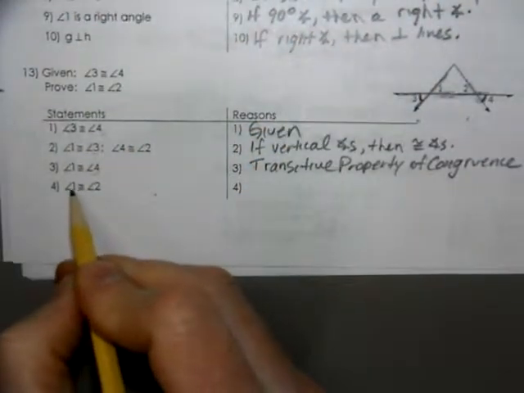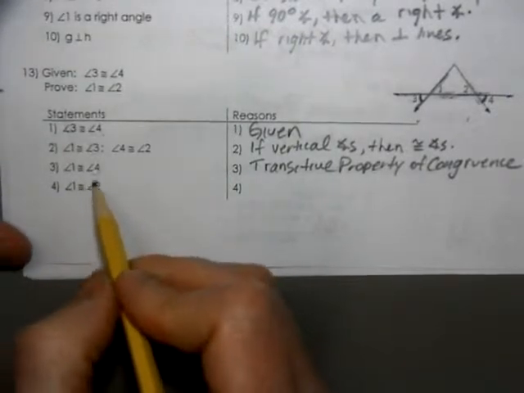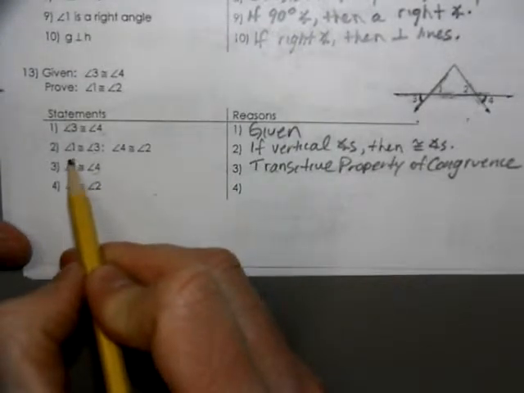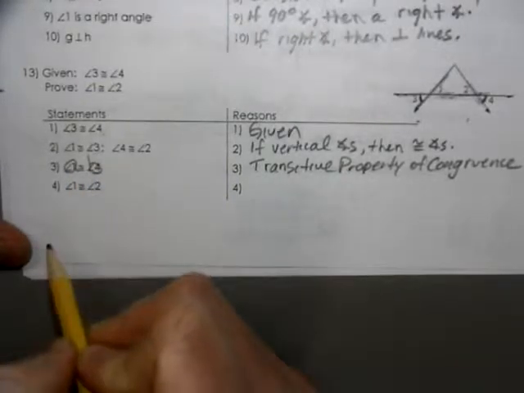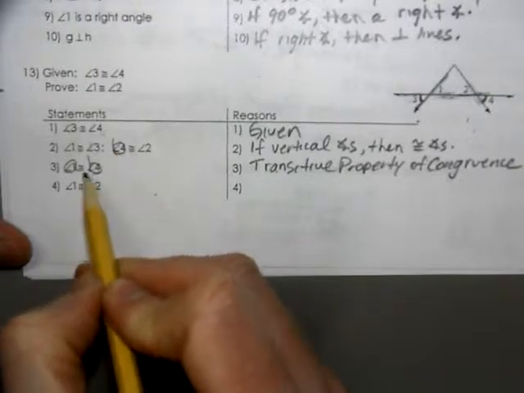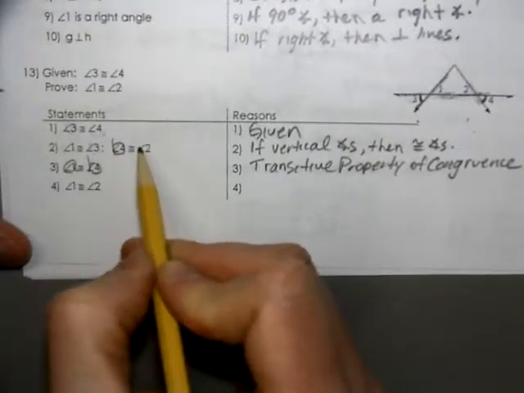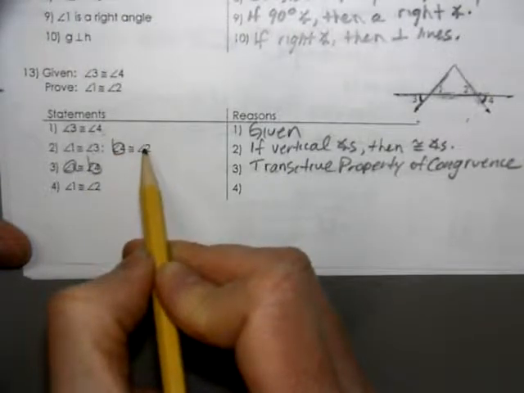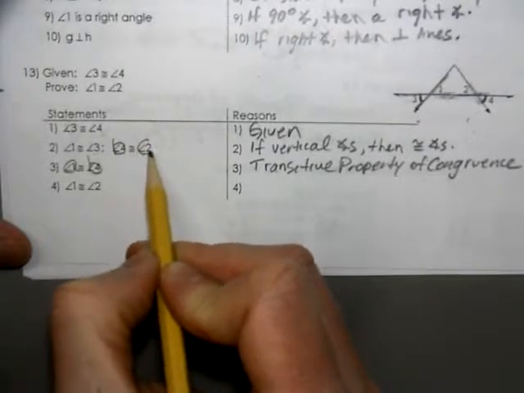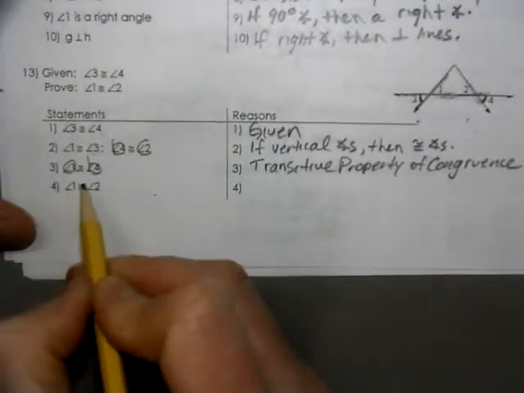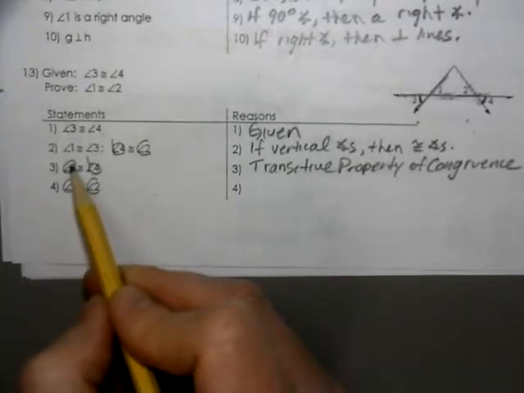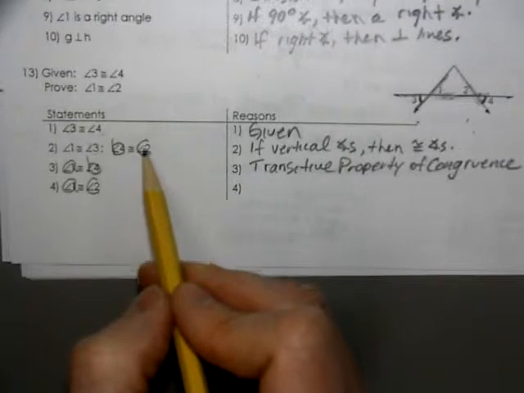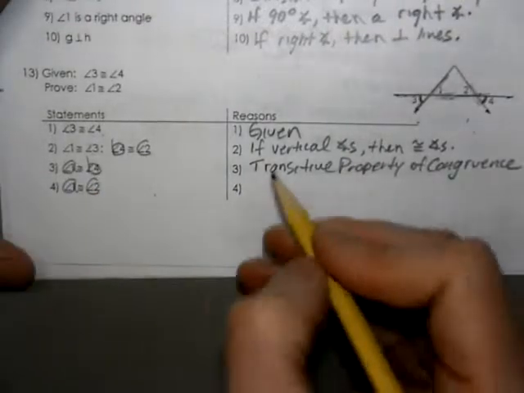And we can try that again, because now I got to come up with a reason why 1 and 2. See if I have the same pattern. If A equals B, and B, that same angle 4, is congruent to 2, which is something different, so we'll call it C, then A has to be equal to C. If A equals B and B equals C, then A equals C.